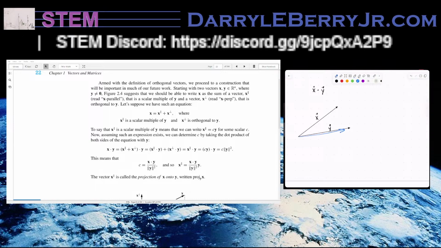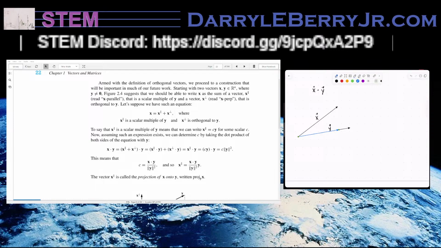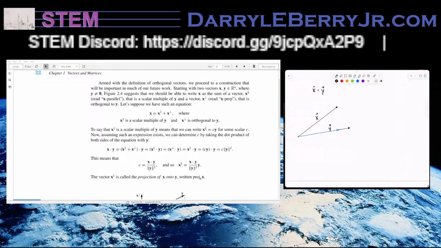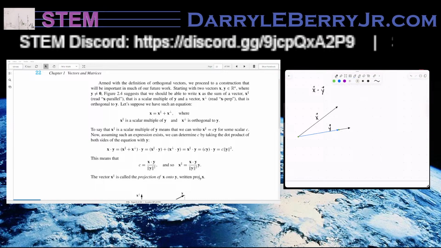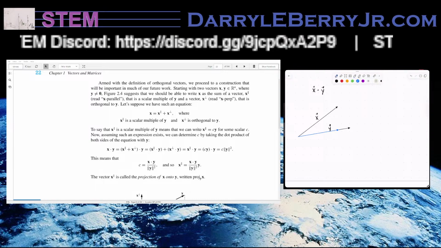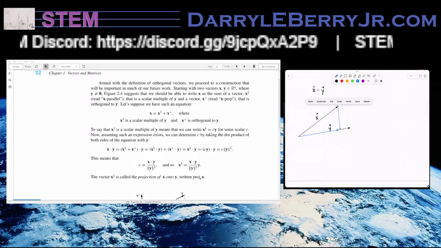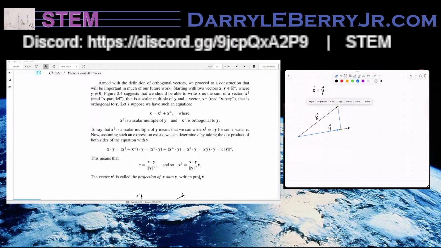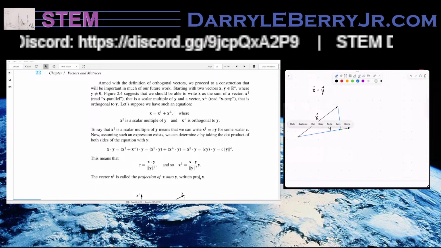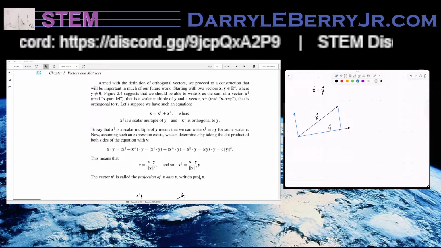You can say x has a component that is parallel, so that this line makes a right angle, and x also has a line that is perpendicular.